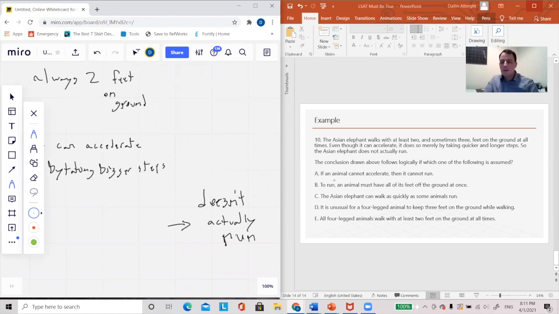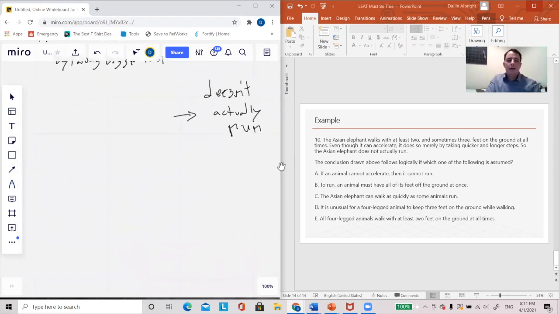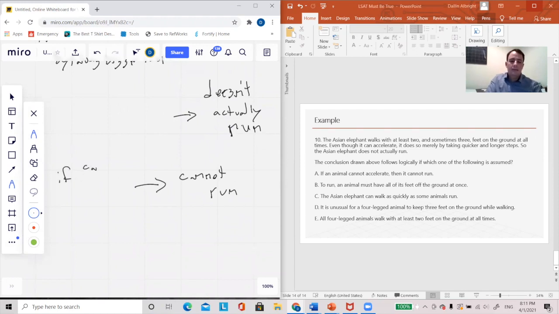Okay, so our first answer choice says, if an animal cannot accelerate, then it cannot run. And notice the second part of that lines up nicely with the conclusion that they've given us, that it cannot run. But the first part, the premise, is if an animal cannot accelerate, then it cannot run.